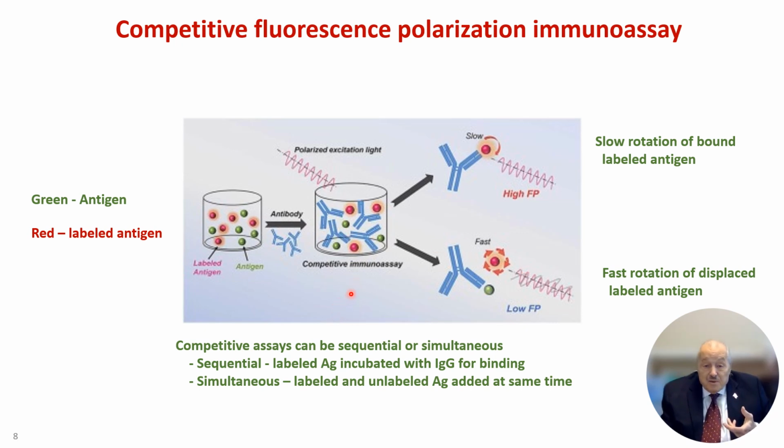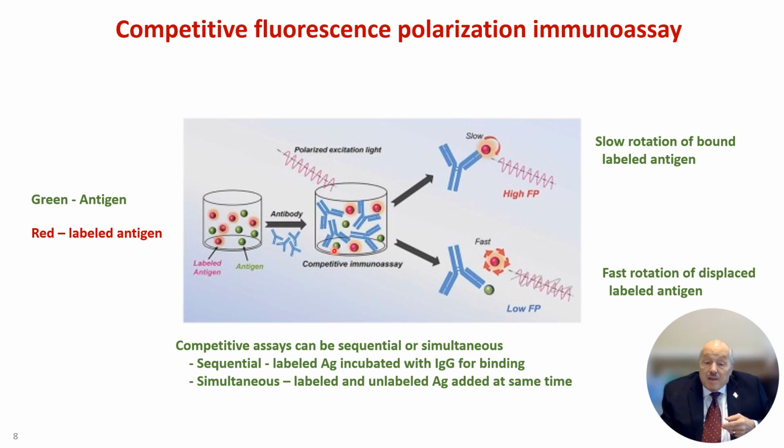Now we're doing this sequentially. You add the labeled antigen, and the labeled antigen can display, I'm sorry, I got that wrong. I told you it's confusing. We add the unlabeled antigen, and that competes for the binding sites on the antibodies.